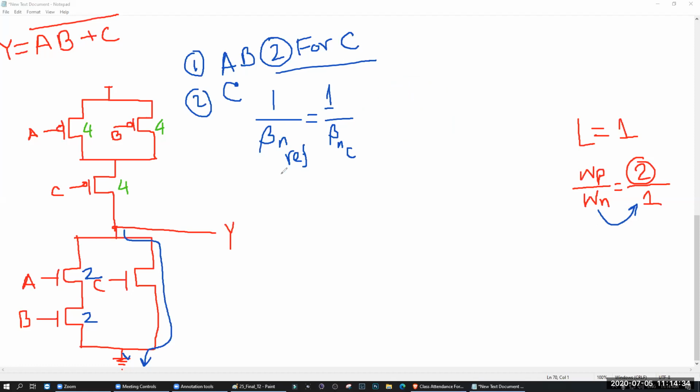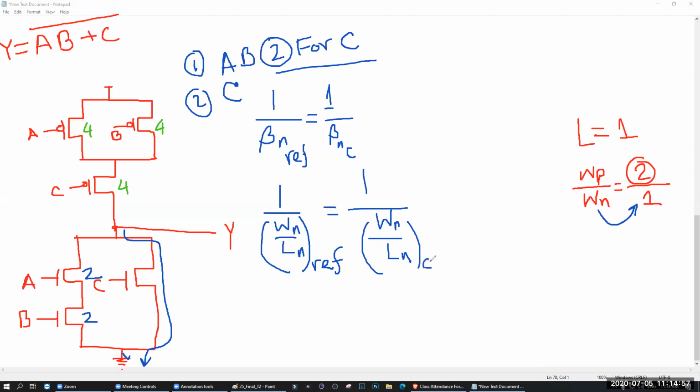So let's write 1 divided by W by L. Since they are NMOS, so Wn, Ln reference, equal to 1 divided by Wn by Ln for C. Again, we know our Ln and Ln are 1. I can delete the bracket.